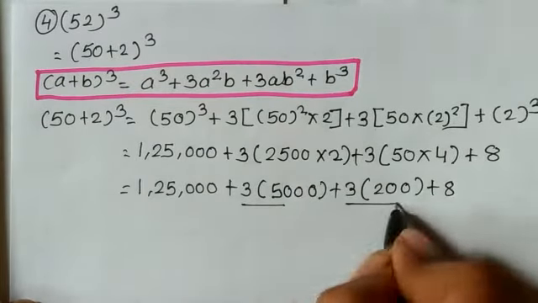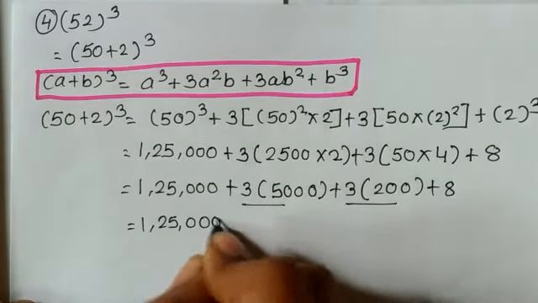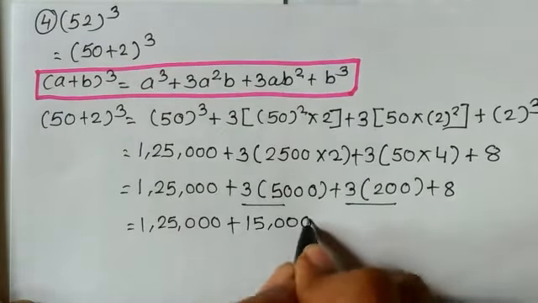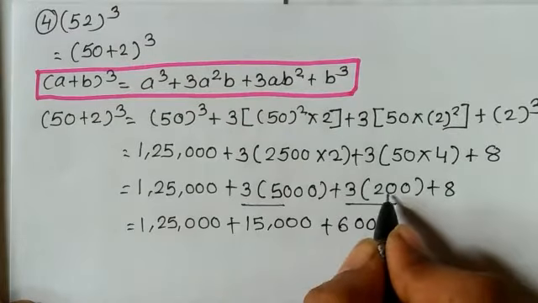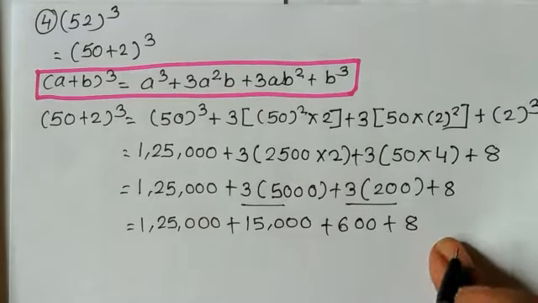Let's solve this. 1,25,000 plus 5 3s are 15, so answer will be 15,000, plus 3 2s are 6, answer will be 600, plus 8. Let's do the addition of all these numbers.